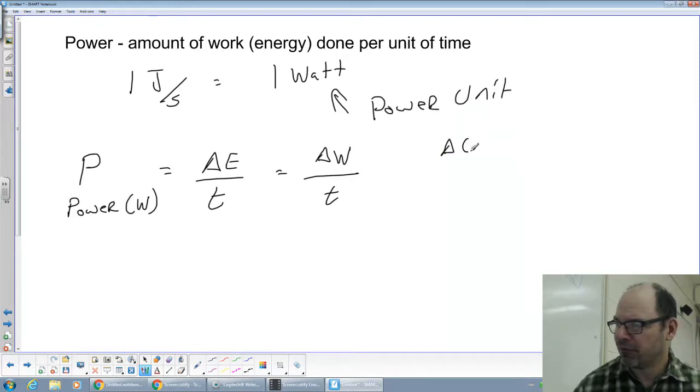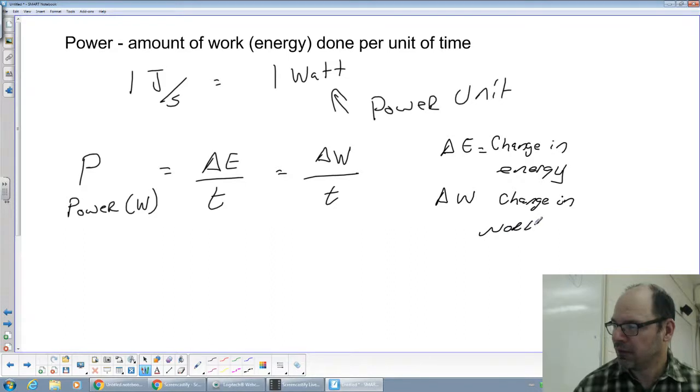So change in energy, that's an E, by the way, or change in work. Those are both measured in joules.